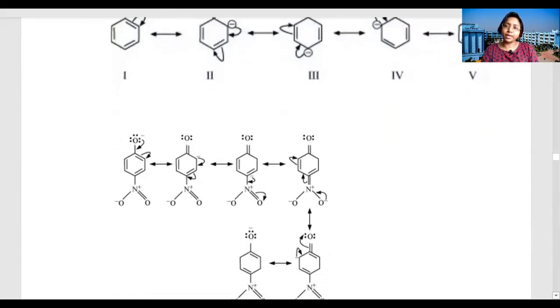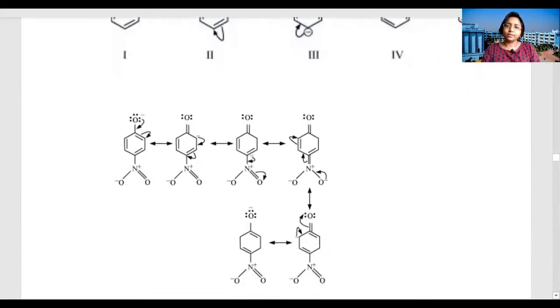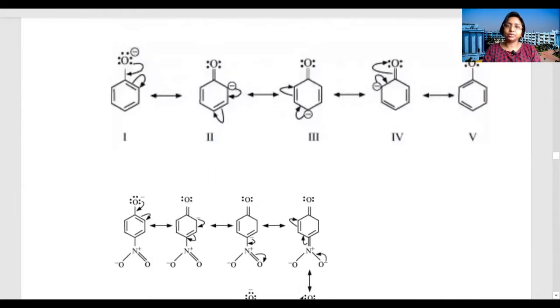So to explain the question of why para-nitrophenol is more acidic than phenol, you have to give the structure of the phenoxide ion. That is the structure. You can see how the negative ion sits in the benzene structure, and here, as the NO2 group withdraws electrons, the negative charge is stabilized.